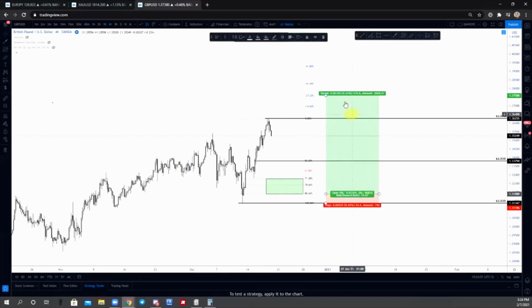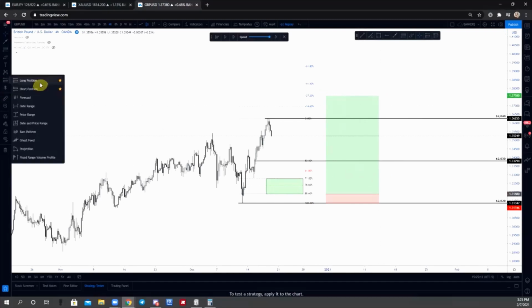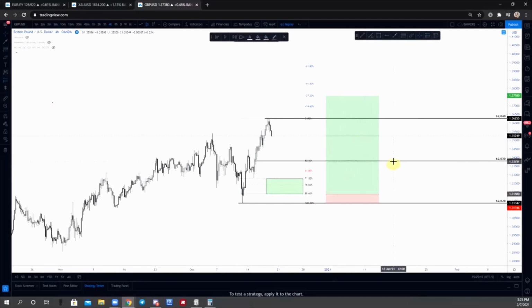So now you can see the same TP level, the same stop loss level, but now our stop loss is significantly smaller and our risk to reward ratio has dramatically increased versus the 50% level here, which we saw a 1.5 risk to reward.